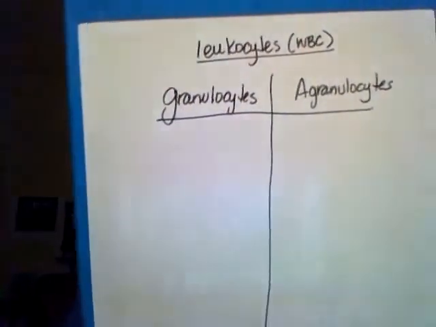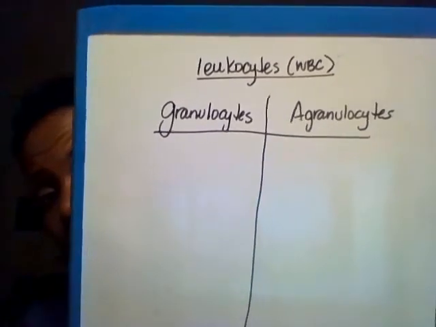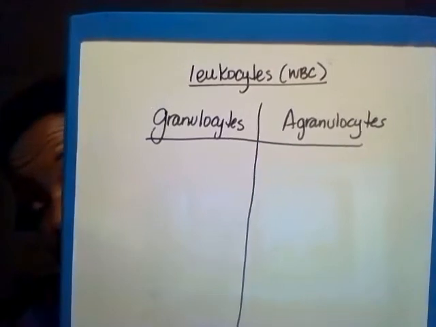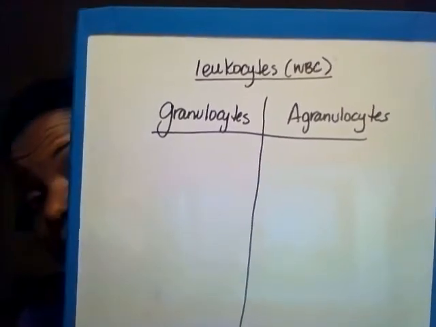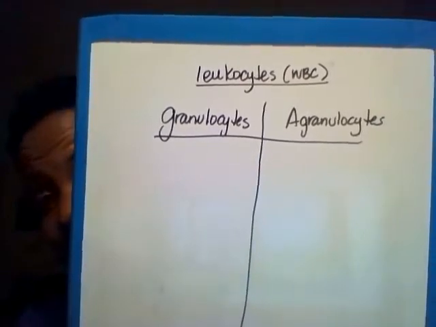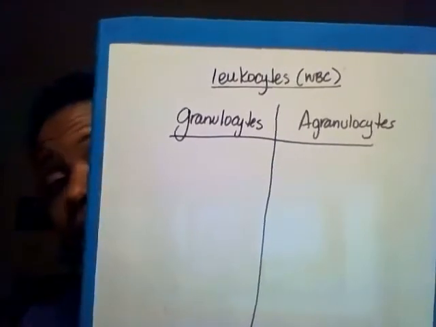We've got the granulocytes and we've got the agranulocytes. Both of them are white blood cells, but the difference is whether or not they have granules within the cytoplasm or kind of inside of the nucleus, or if they do not. The prefix a means not, so obviously the agranulocytes do not have granules within the cytoplasm, and the granulocytes do.